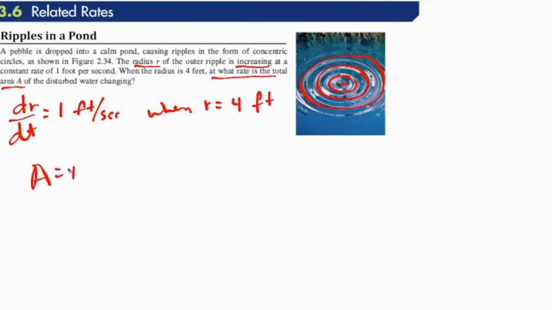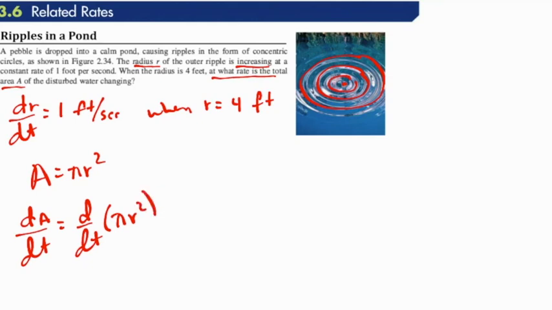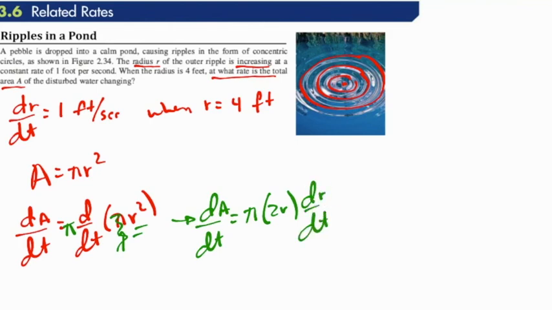So area equals pi r squared. dA/dt is equal to d/dt times pi r squared. Remember that pi is a constant, so I can move it out in front of the derivative and just focus on the r. This tells me that dA/dt is equal to pi times 2r times dr/dt.